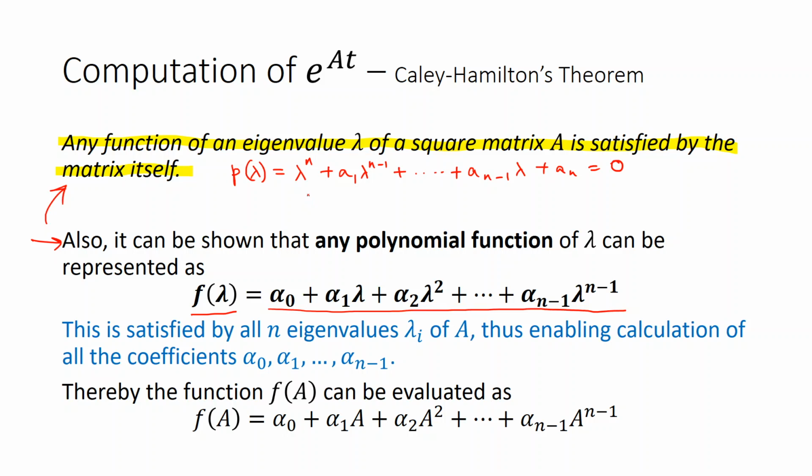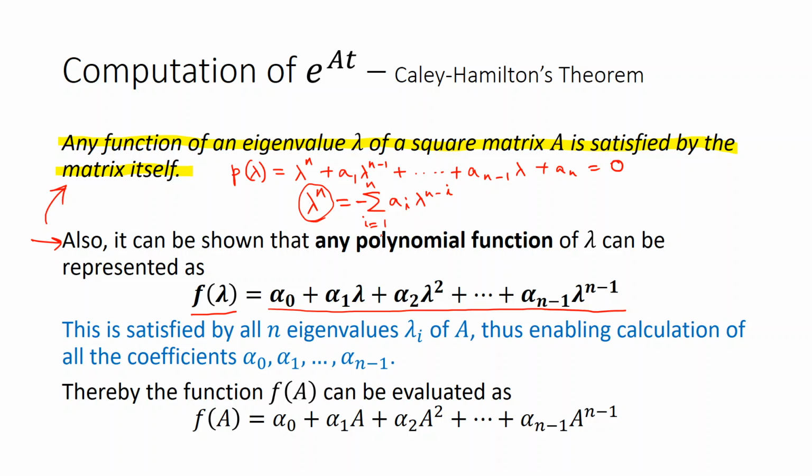So that means you can express lambda to the power of n as a sum of terms, i equals 1 to n. So n number of terms. So you can express lambda to the power of n in terms of n number of terms with the highest degree as lambda to the power of n minus 1.